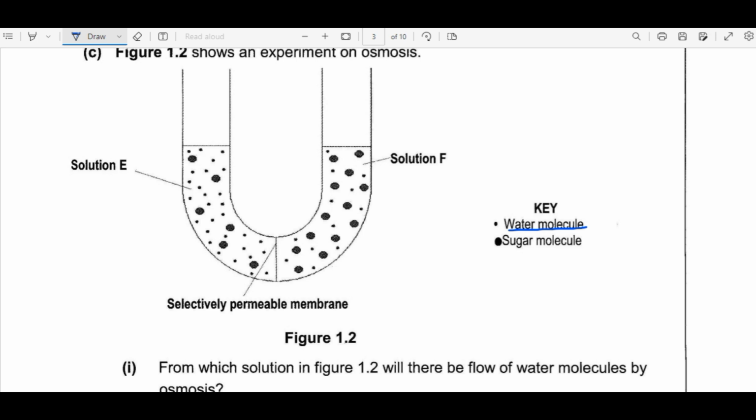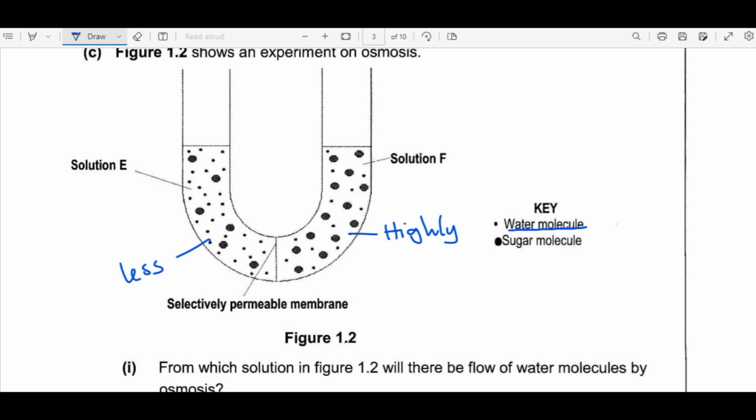So we have solution E and solution F. Now for us to deal with osmosis, first we need to look at the solution that was highly concentrated. Then from there we need to look at where the water will move from. So we can see that from solution F there is a lot of sugar molecules. So this one is highly concentrated. Then this one is less concentrated.